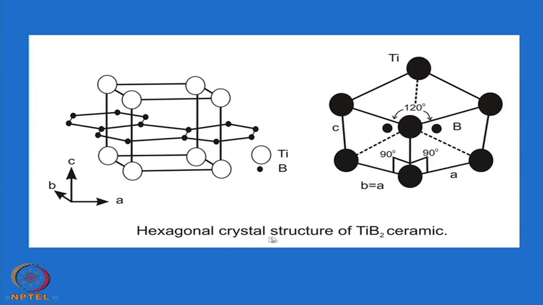This has a hexagonal crystal structure, and if you remember, a few minutes back I discussed that in a hexagonal structure one of the angles is 120 degrees, and that is what is shown here. The open circles are titanium ions, which are larger here compared to boron. In all oxide structures we have seen that the cation has a smaller size and oxygen a larger size.